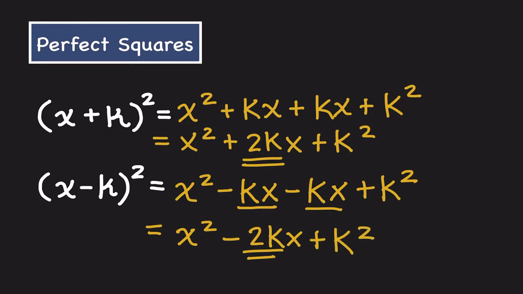And that middle term for both of the equations is what is important for the step we're about to do next. So notice this pattern again where we have double what our constant was here and then the square of that constant there. And when we have the negative, it's the same thing. We have double what k was and then k squared here.